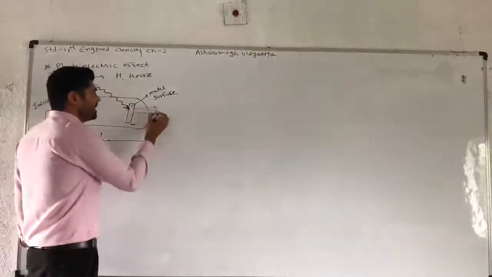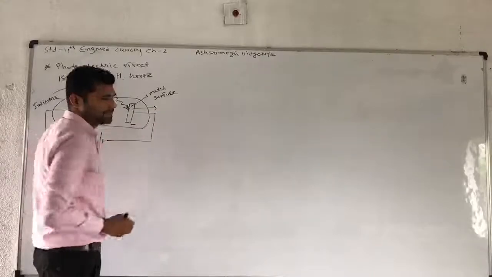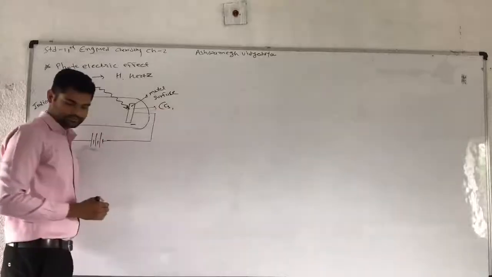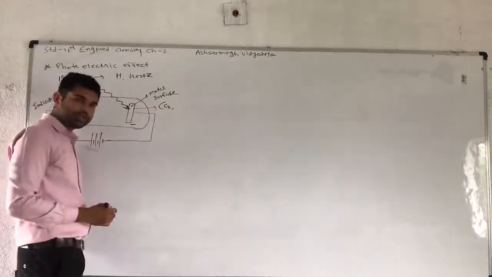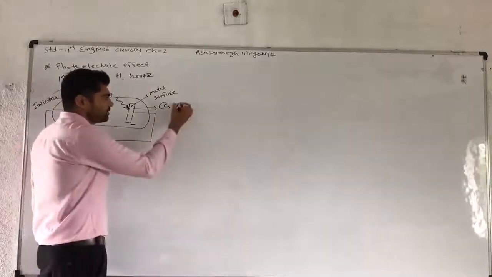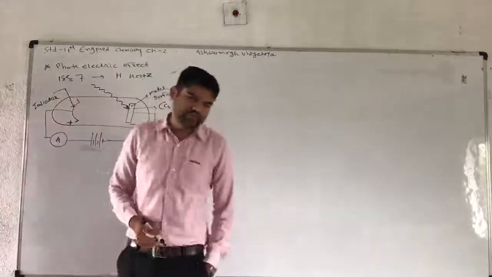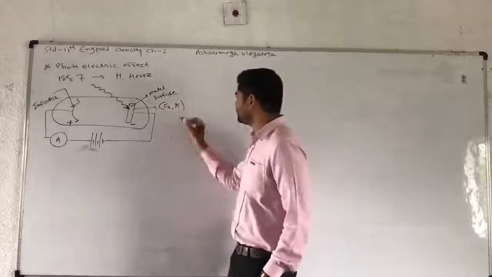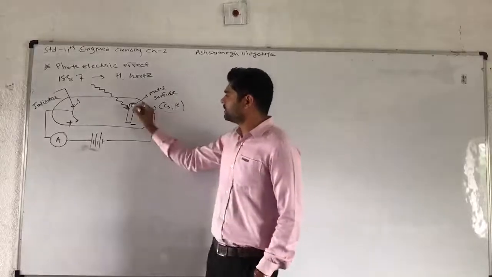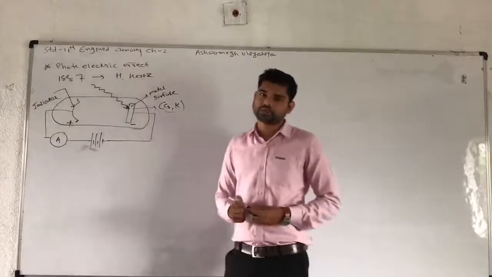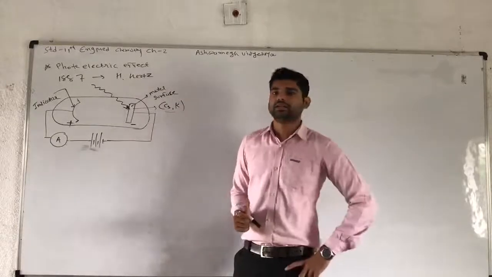Here the metal can be taken as cesium, rubidium, or potassium.